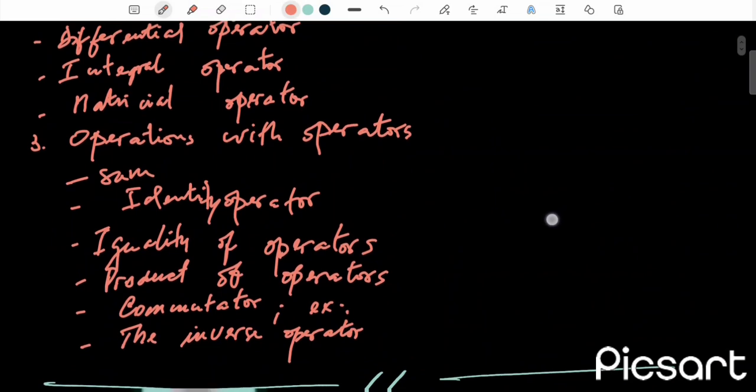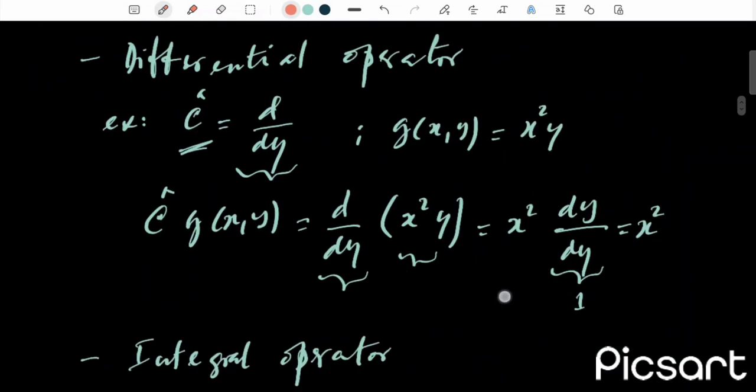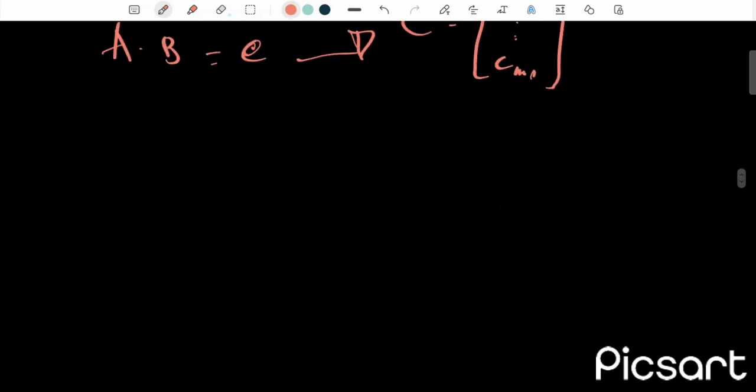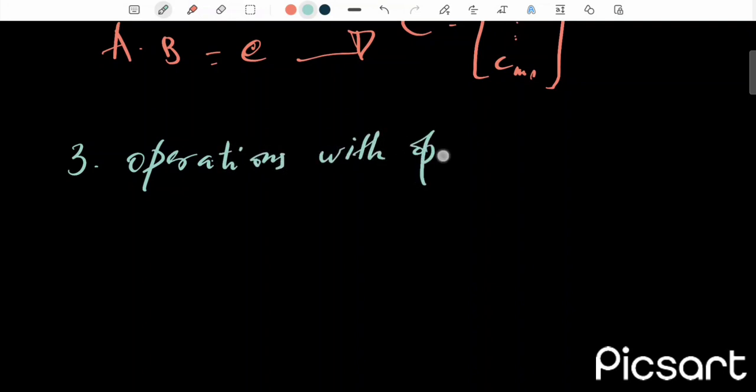Okay, now we will begin with the operations with operators. We will talk about the sum and the identity next.